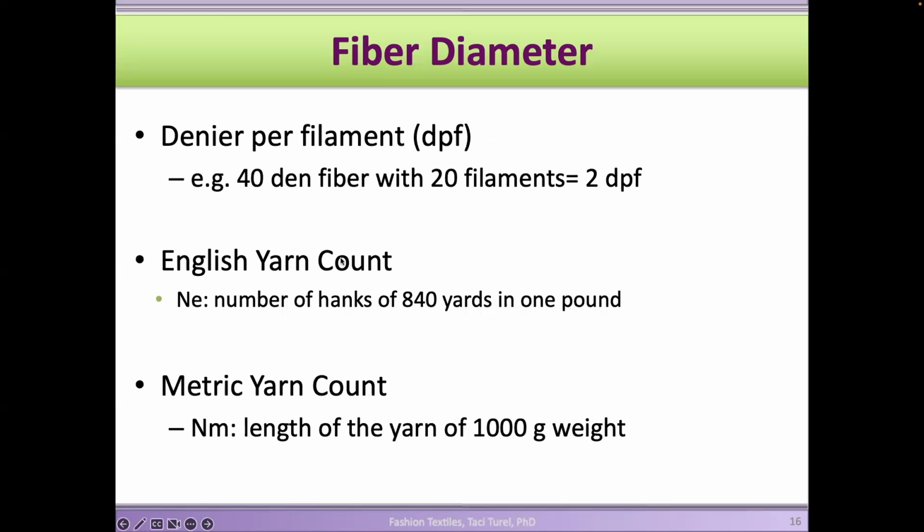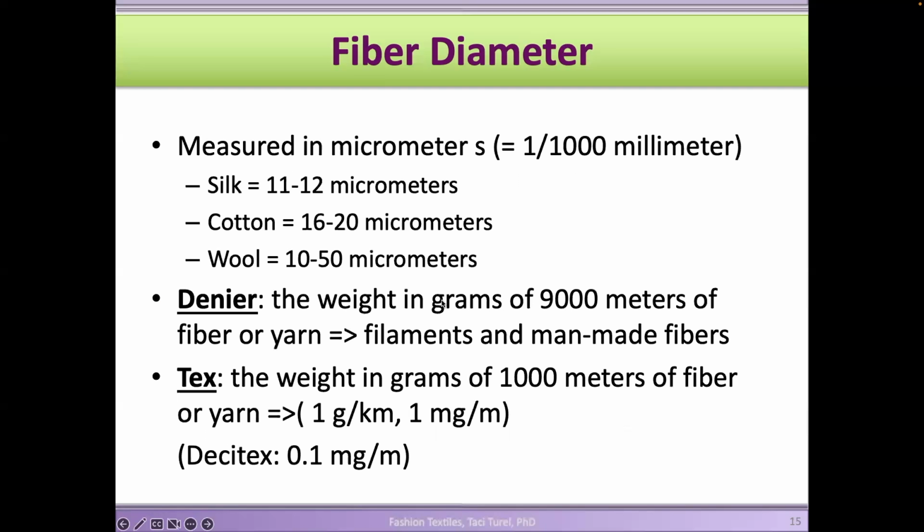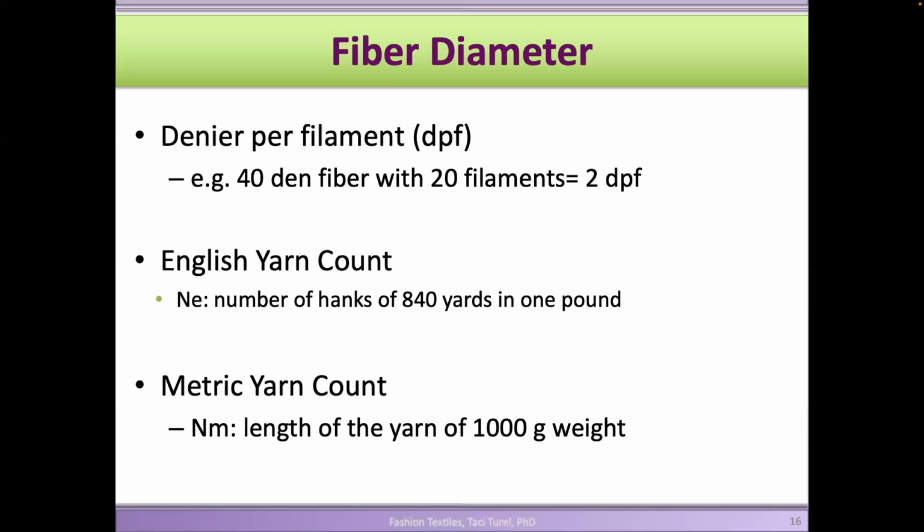And there's also the English system where they count that in yards instead of 9,000 meters. And there's a metric yarn count system where we take 1,000 grams of the weight of a yarn, we put it on the scale, and then we measure how long it is.